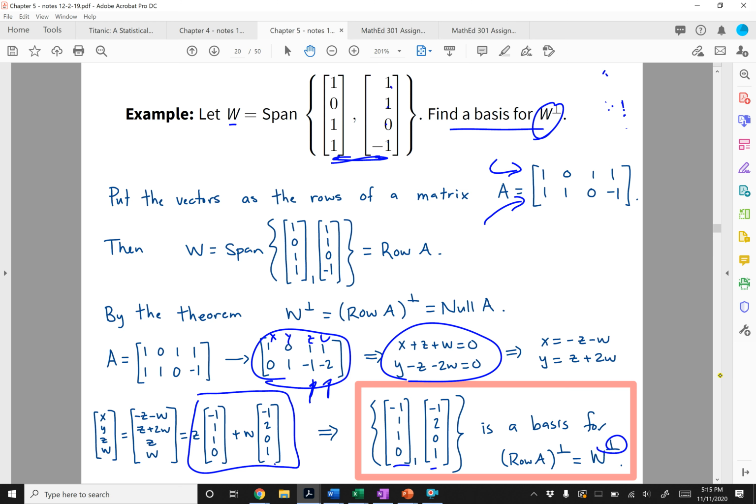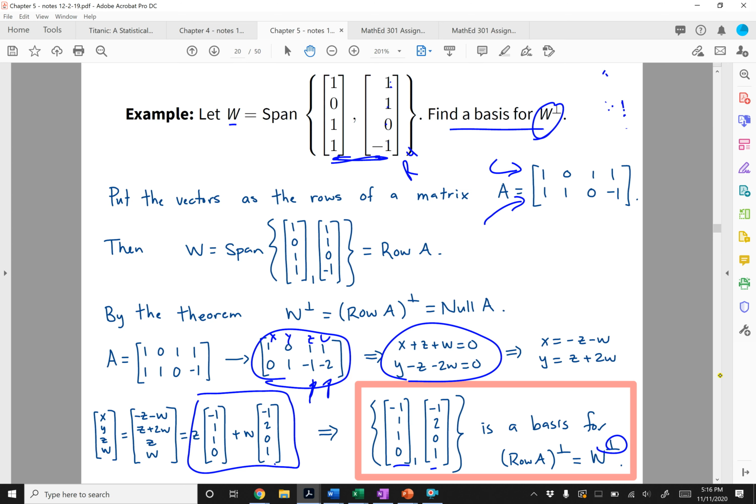We have 4 coordinates here, so this gives us a plane in R4, and we have 2 more dimensions that we're dealing with. So we could have known from the very beginning that we were looking for 2 vectors.